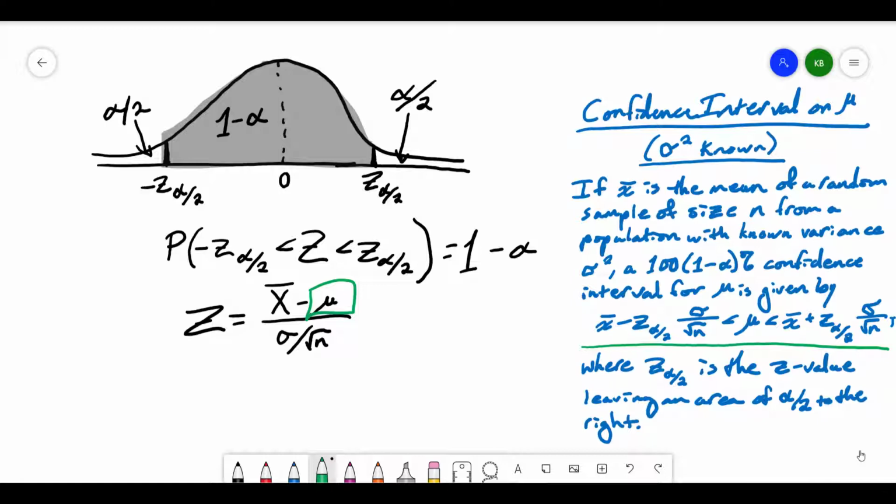And on one side of the mean, on the lower side, I'll be subtracting. On the upper side, I'll be adding. And that's going to give me my 1 minus alpha confidence interval.